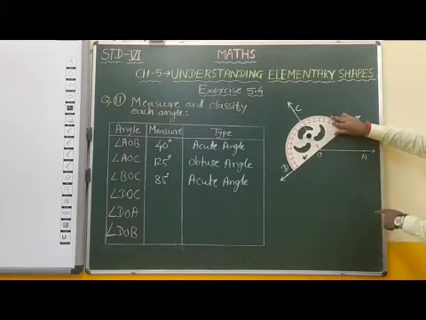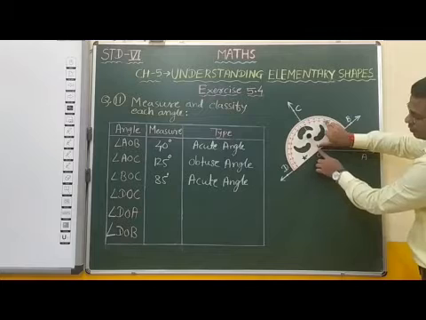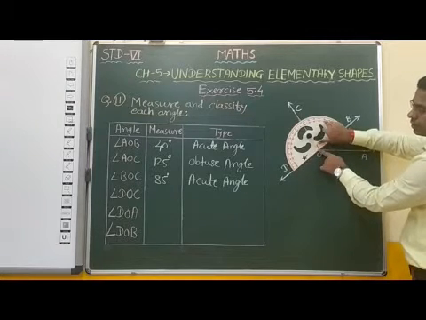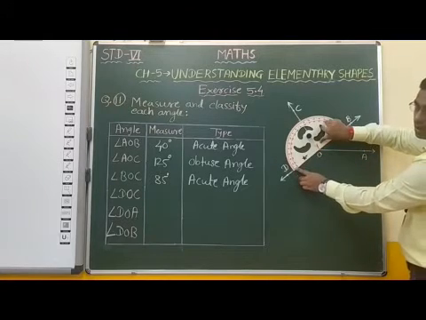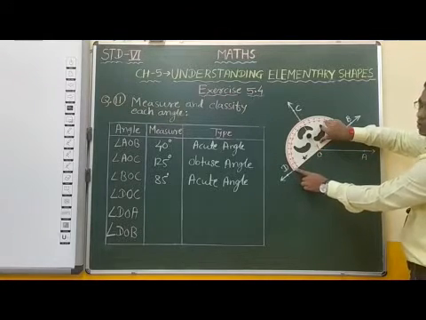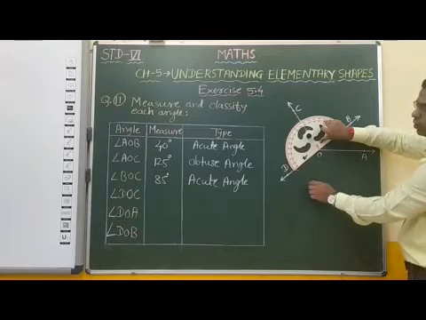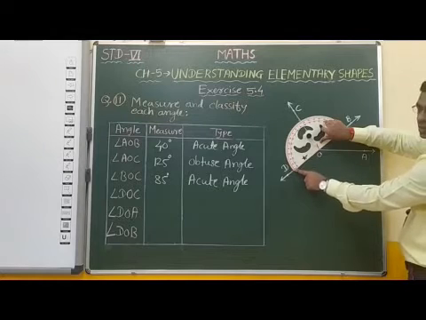Now we observe that this ray DO is on the left side of the midpoint, or we can say that this outer scale 0 is coinciding with this ray DO. Therefore, we use the outer scale or left side 0.